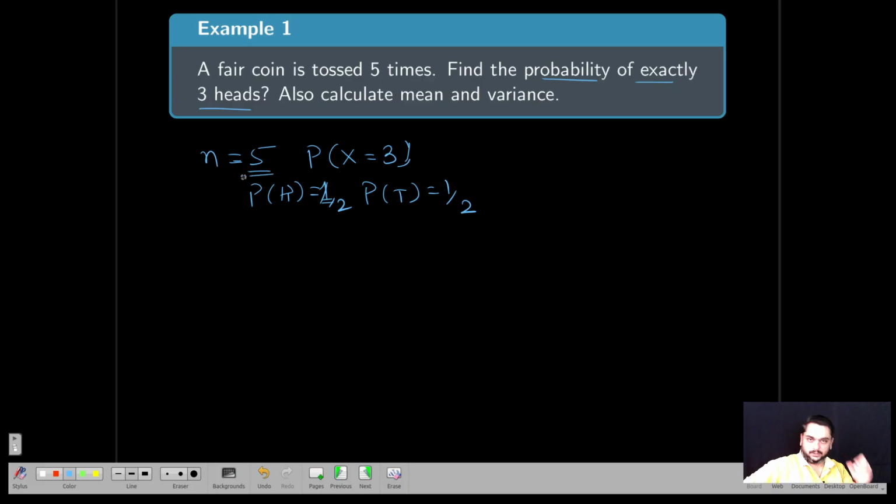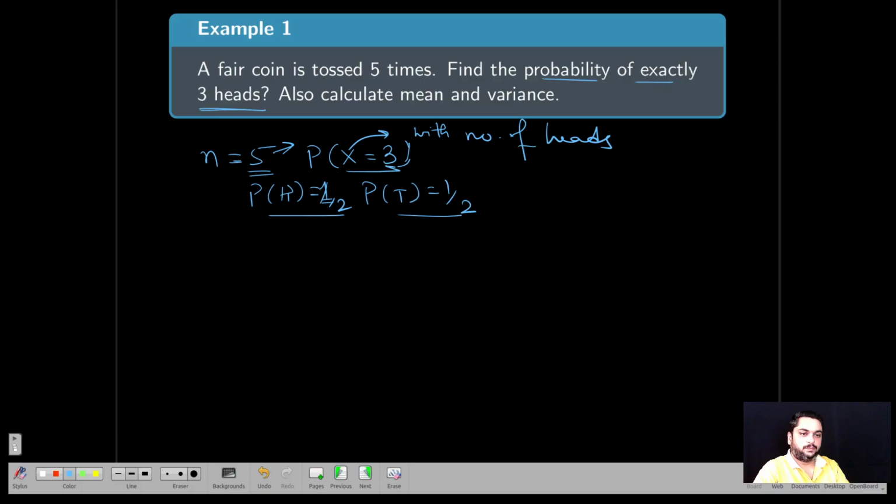Is it not a Bernoulli trial, binary? Yes. Each trial is a Bernoulli trial because the probability is constant in each trial and there are only two outcomes, head and tail. Exactly 3 heads means X is the random variable representing the number of heads, so the number of heads should be equal to 3.